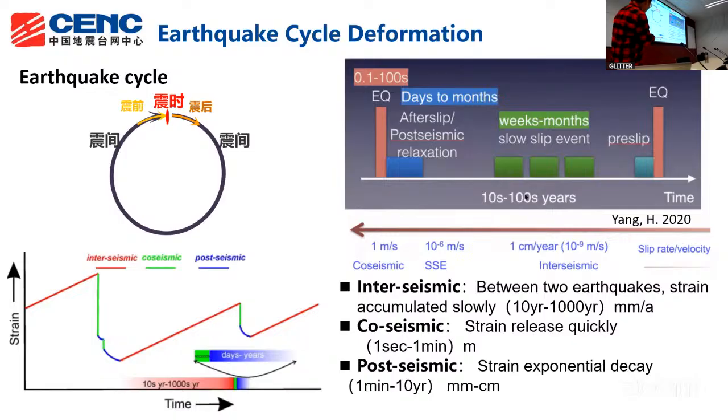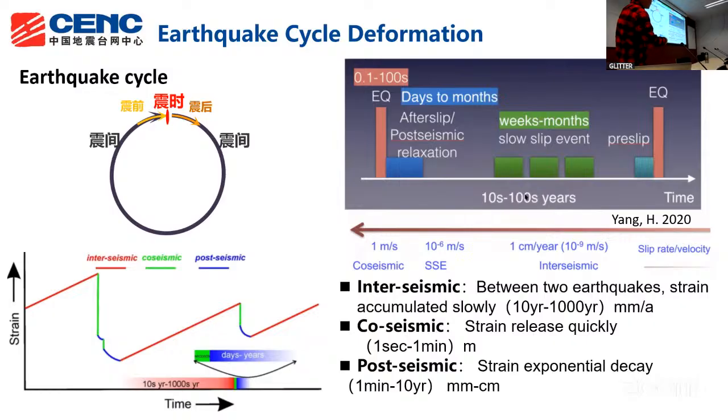And after the co-seismic, we enter the post-seismic stage, which is after the earthquake. In this stage, the tectonic stress adjusts over time. The strain line also has non-linear characteristics, and this period can last from minutes to a decade.